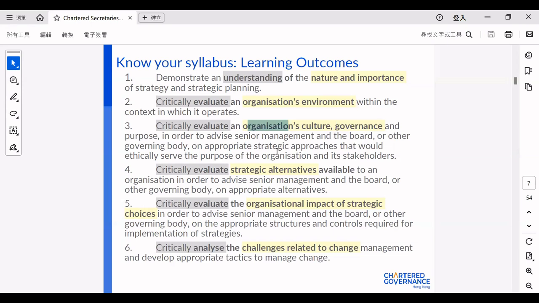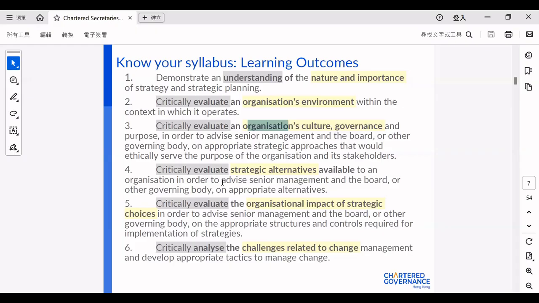Again, what the examiner wants to see here is your judgment and your practical recommendations that can demonstrate your insight and integrity. That is what they want to see.